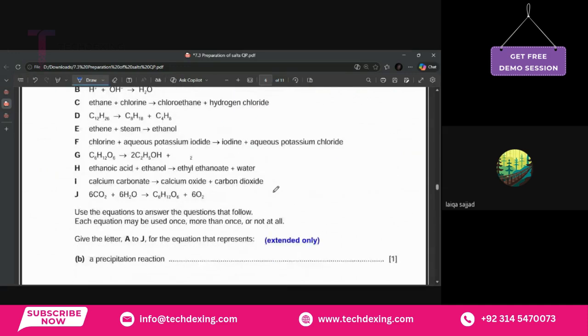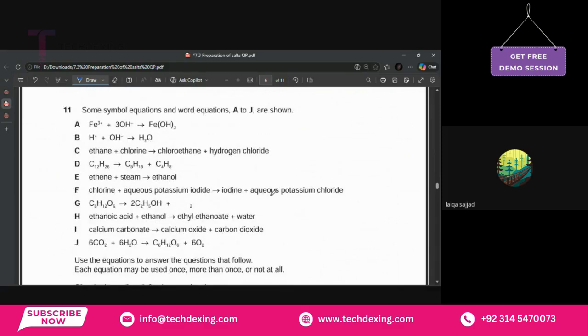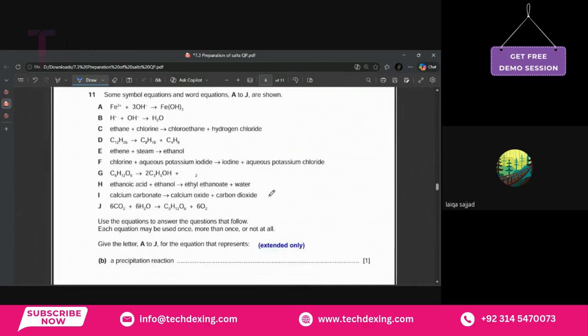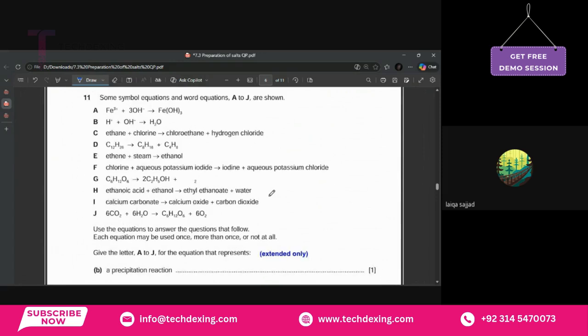Okay, then we are given some symbol equations and word equations, and you have to tell which of these equations represents a precipitation reaction. Start with option A. Is the answer A?